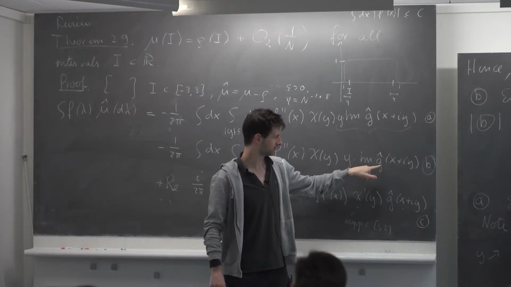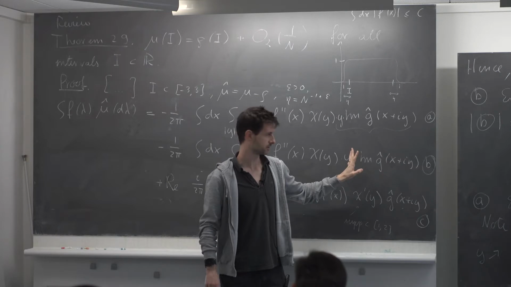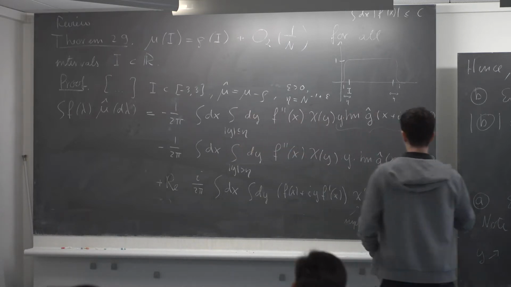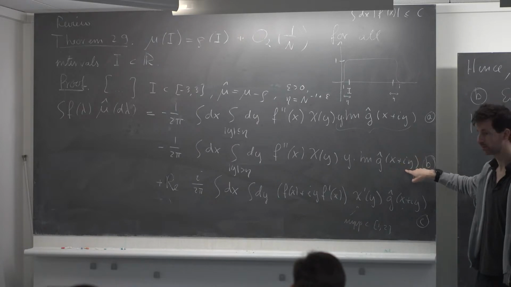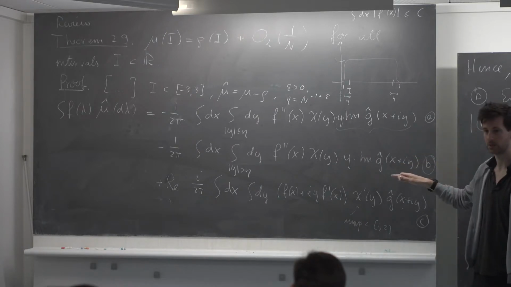The derivatives of Stieltjes transforms are somewhat nasty. However, because this is an analytic function of this argument, x plus iy, differentiation of this guy in x is the same as differentiation in iy. So we rewrite the derivative in x of this guy as a derivative in iy, and then we can do another integration by parts, but in y this time.